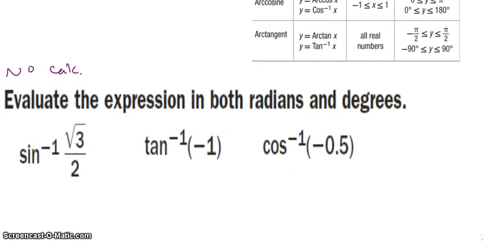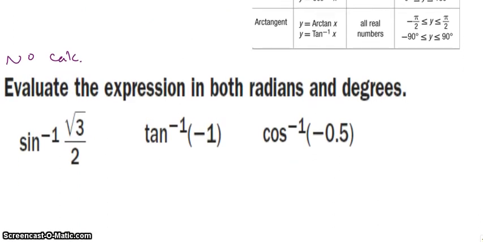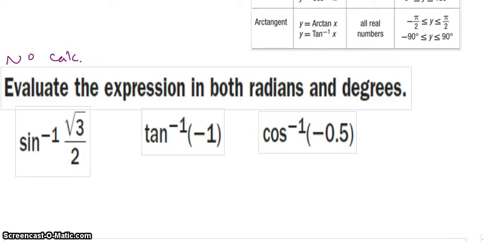So let's give this a shot. We evaluate the expression in both radians and degrees. I like to think of this in terms of the trig hand, just because instead of memorizing, I'd rather have something I can go off of. So if I want the inverse sine of √3/2, I'm asking myself, what angle gives me a sine of √3/2?